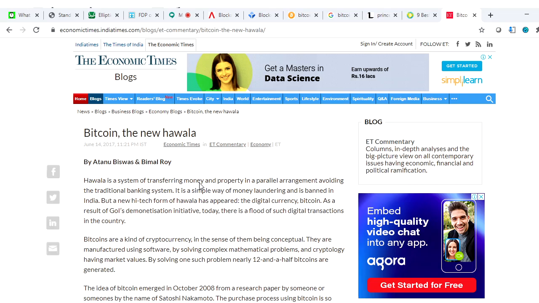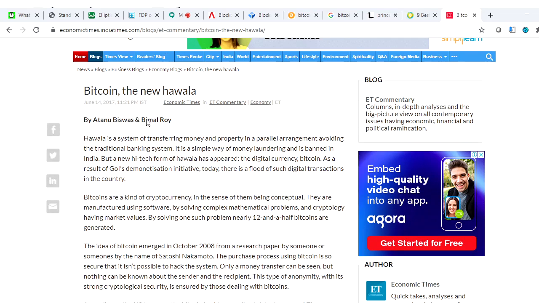We all know that the Indian Statistical Institute supplies statistics and other things to the finance ministry, government of India. So his scholar Anantu Biswas and Bimal Roy sir both have written this article. This article was written on June 14, 2017.